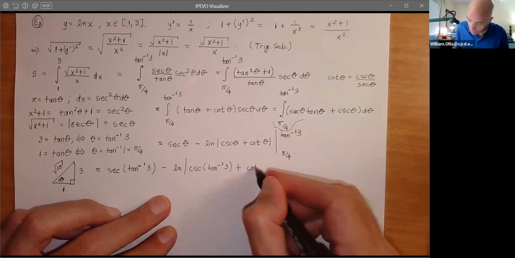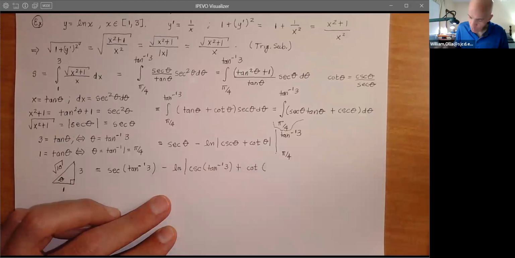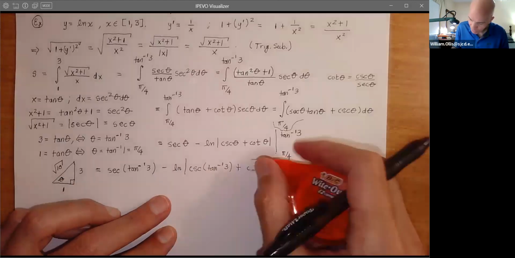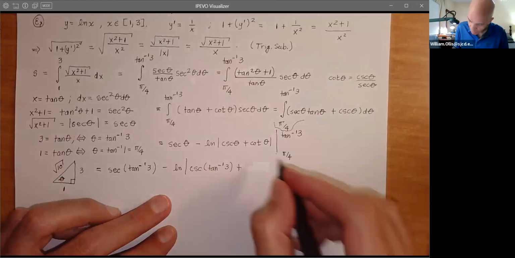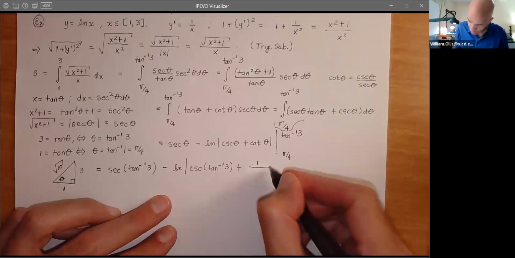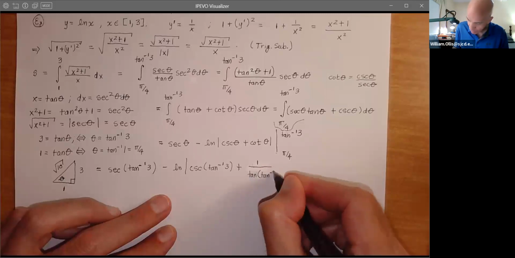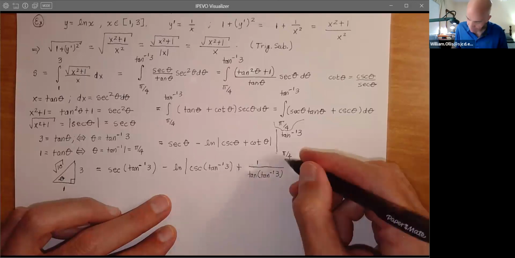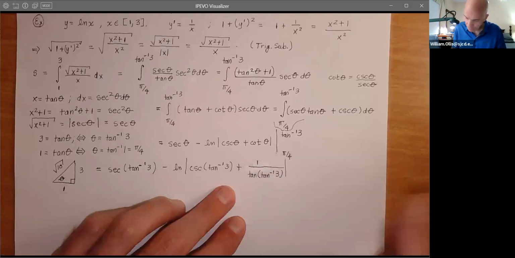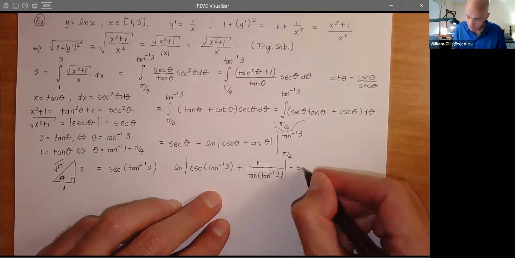Well, the fun never stops, right? Oh, well, we know what this is. Let's just be lazy here. Cotangent's 1 over tangent, right? So just write that as 1 over tangent of inverse tangent. That's just going to be 3 downstairs, but I'll just be lazy and do that. And then we've got minus secant of pi over 4, fundamental theorem.